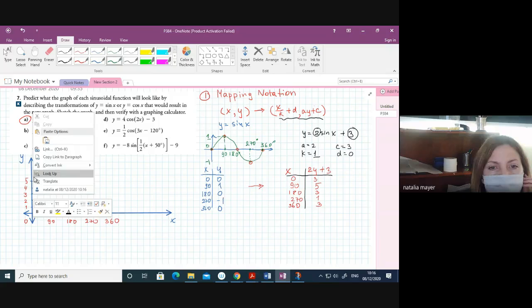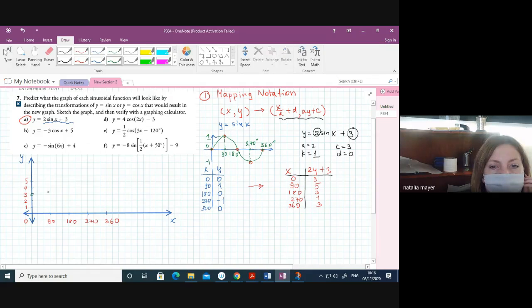So 0, 3, 90, 5, and then 180, 3, and 270, 1, and finally 360, 3. All that's left is to connect the points and to make sure that it's not acute angles, it's a smooth curve.